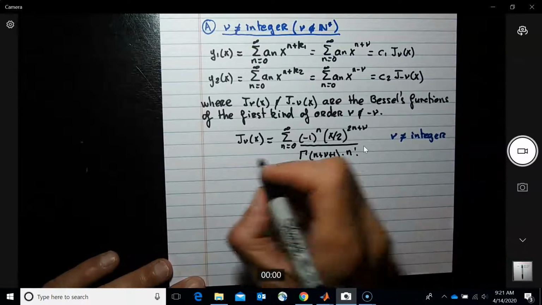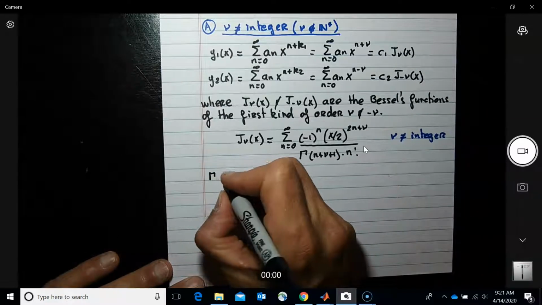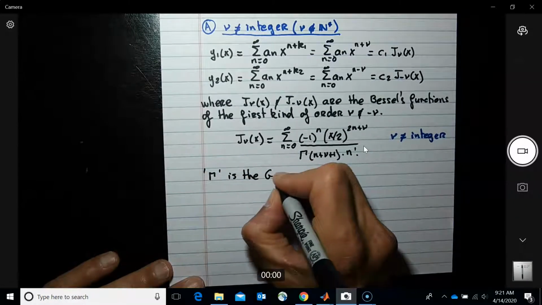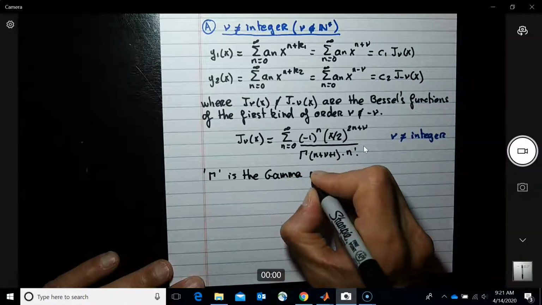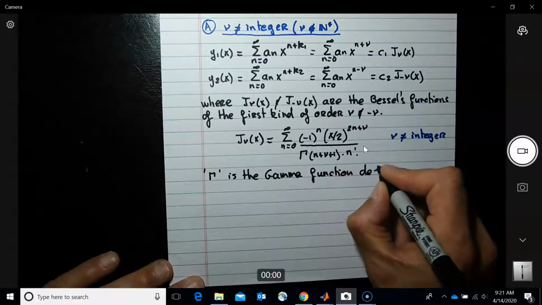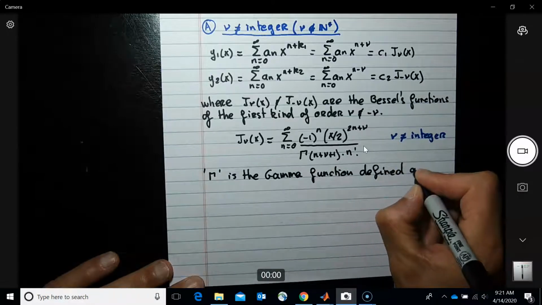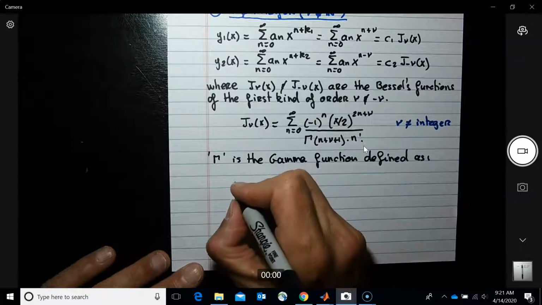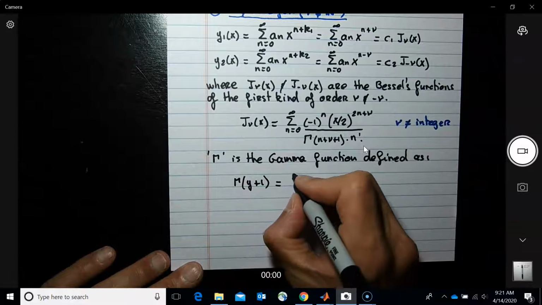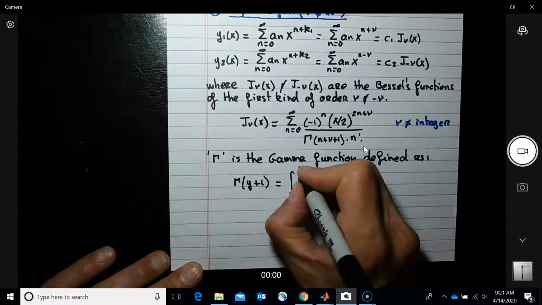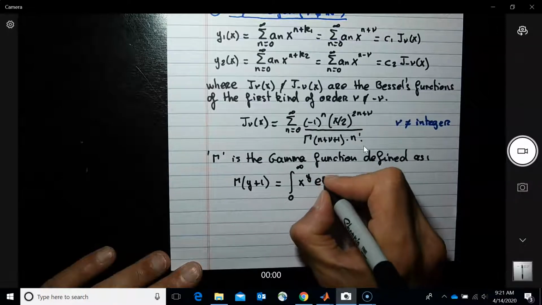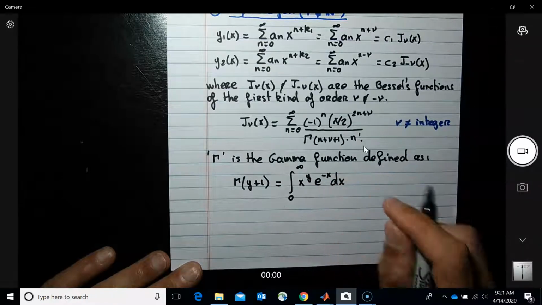Okay, and gamma is the gamma function defined as what? So gamma of y plus 1 is equal to the integral from 0 to infinity of x to the y e to the minus x dx.